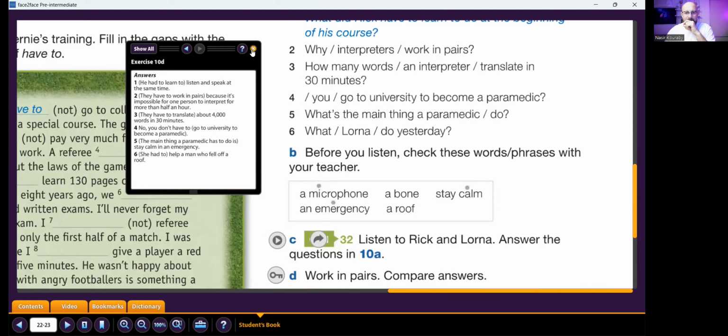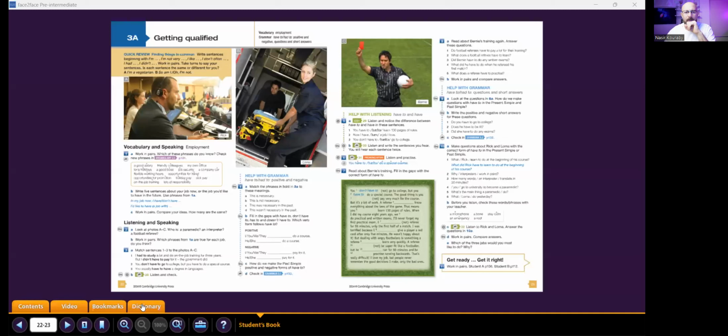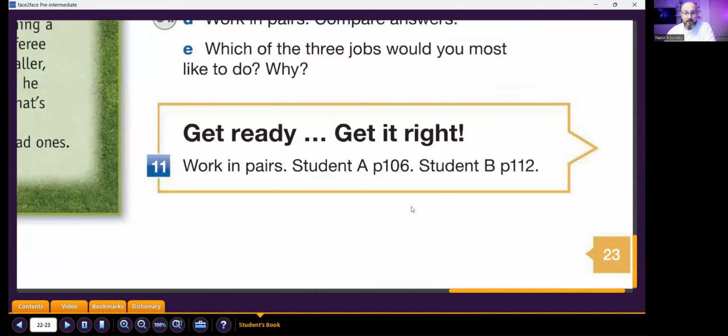Okay, guys, so now we'll go to the last exercise, okay? And this will be homework. Exercise 11, work in pairs, students A page 106 and student B page 112, but we will only go to 106.